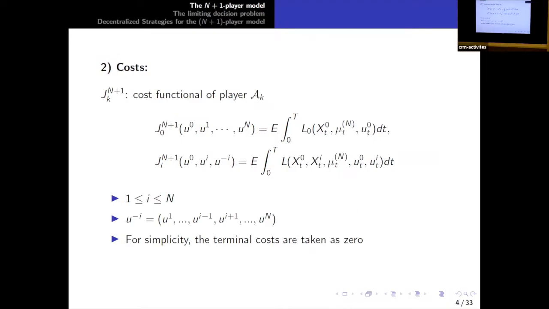Next we can introduce the cost function of the players. Here for simplicity, we do not take a terminal cost. Again, if you have a look at the structure of the running cost, you can see the big influence of the major player on the minor players.